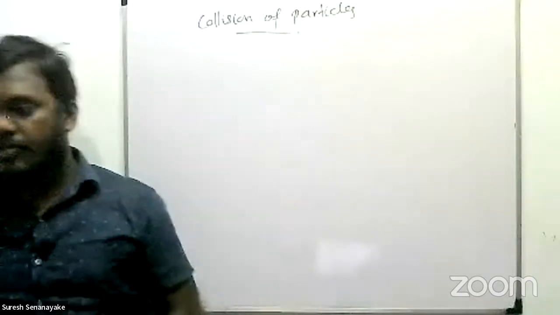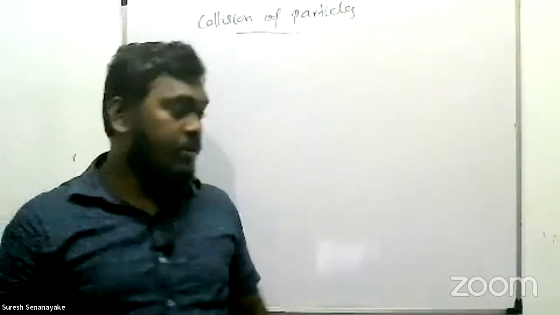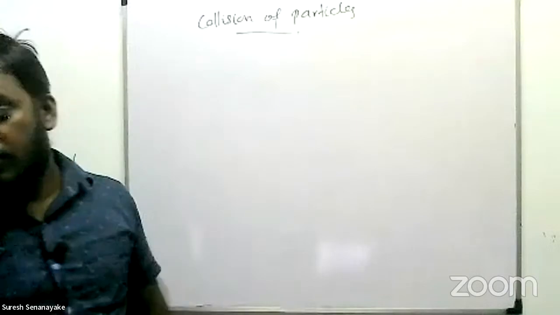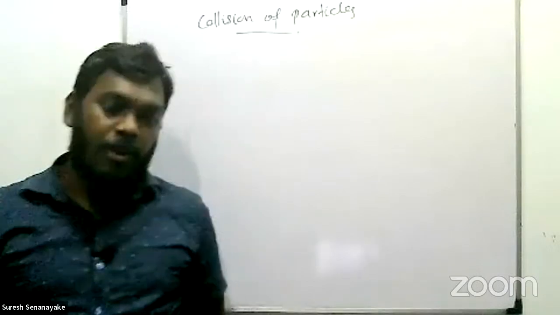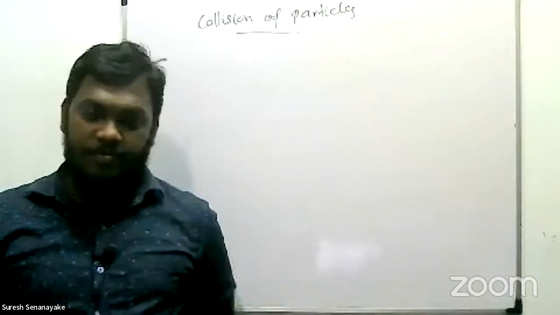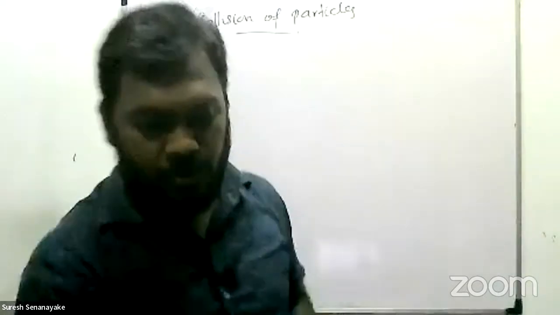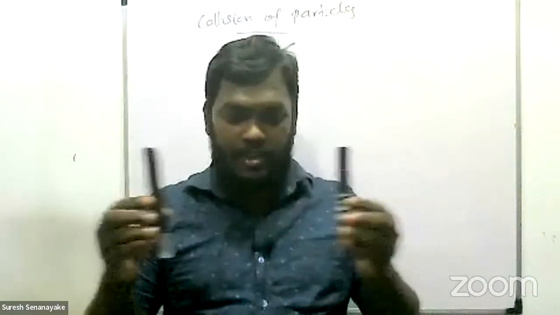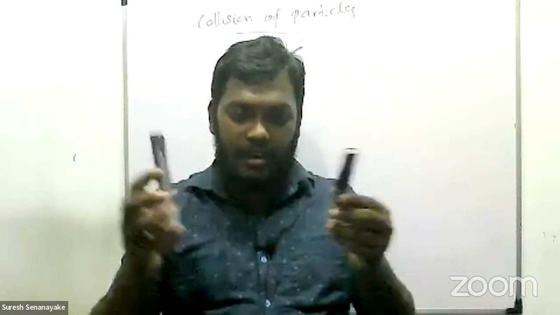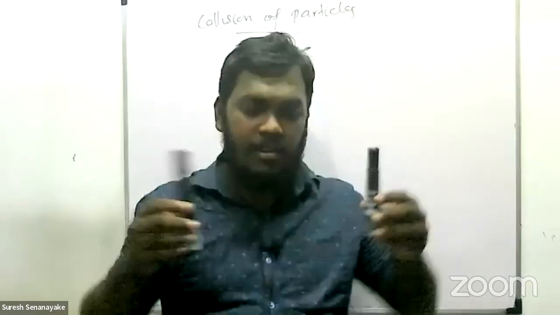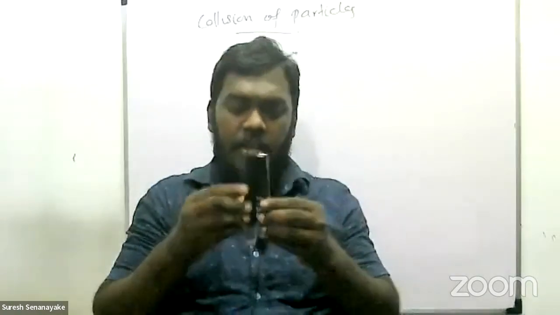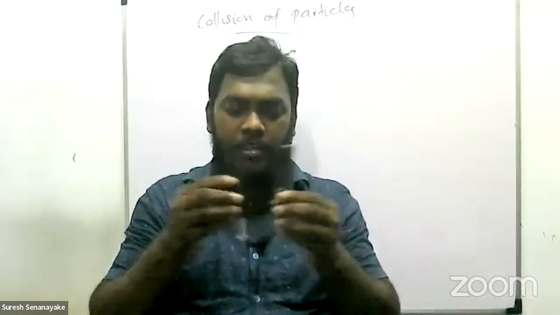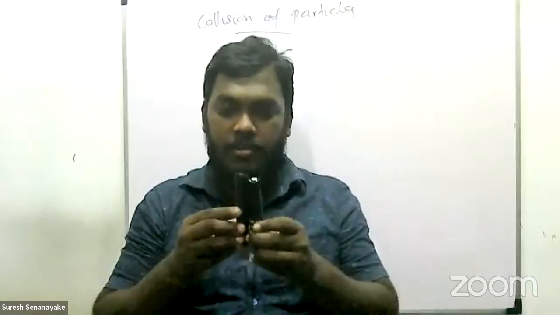A collision means an interaction between two or more particles or bodies for a short time interval. When two bodies come to each other and collide, the time the two bodies are in contact is very small.